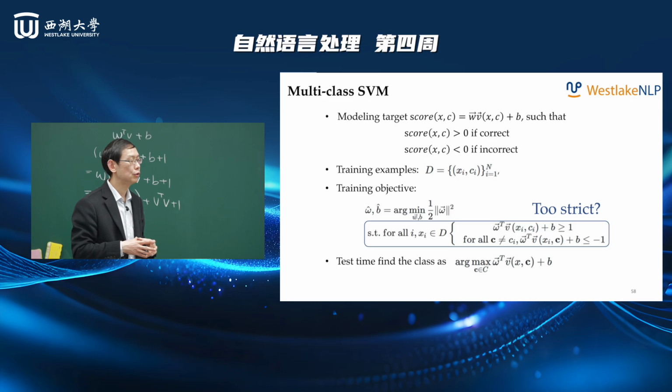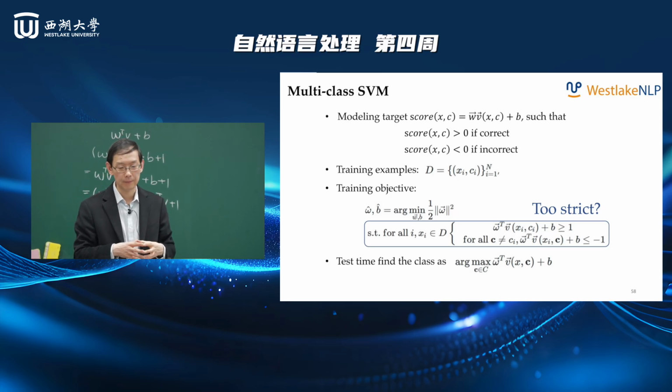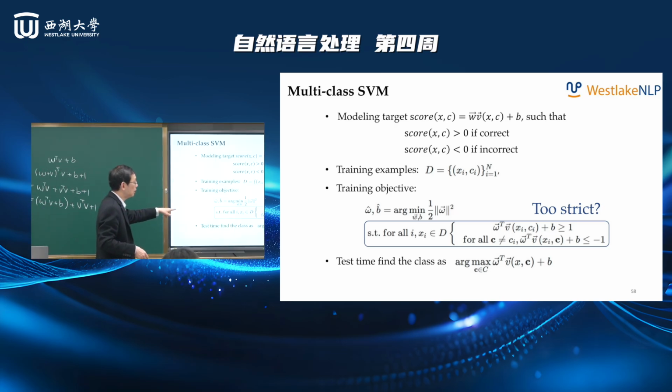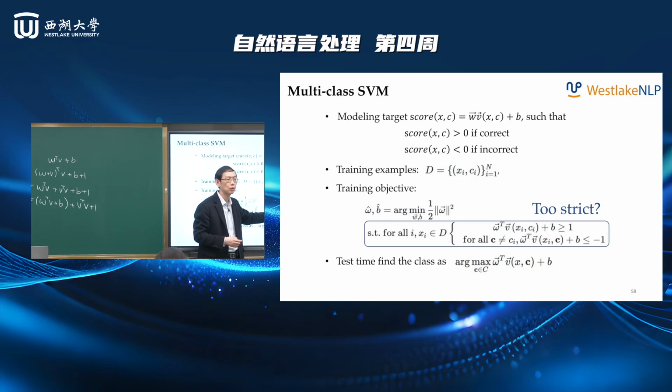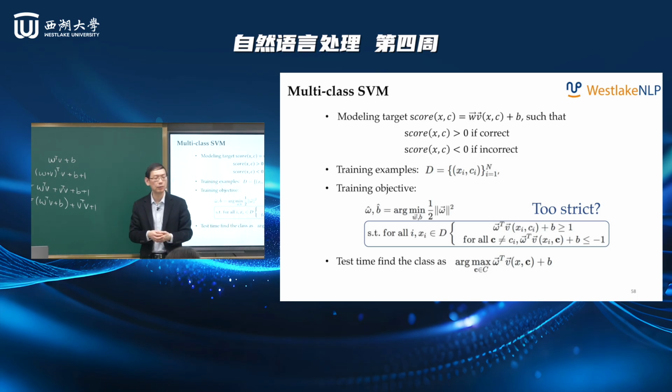All right, so I can change SVM a little bit. For all these training data, originally I wanted to make sure that the correct class labels are scored above 1 and incorrect class labels are scored below -1. Now let's change it a little bit.